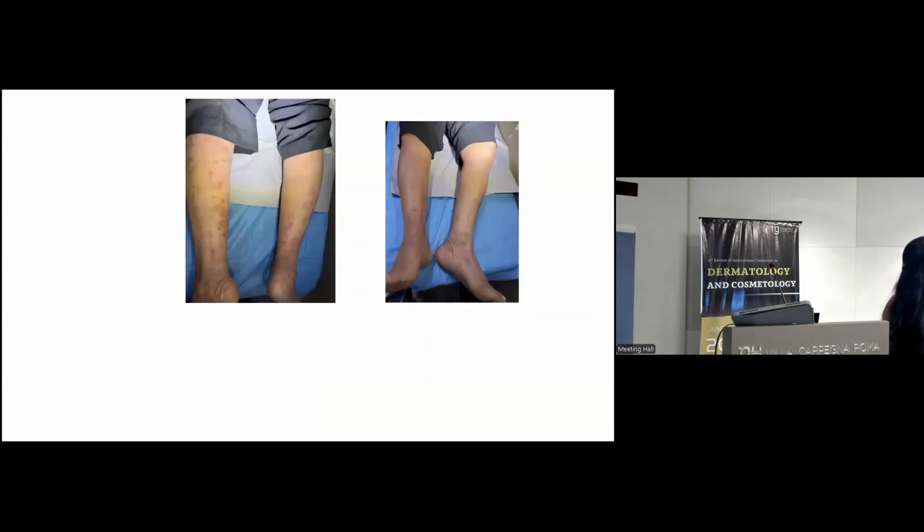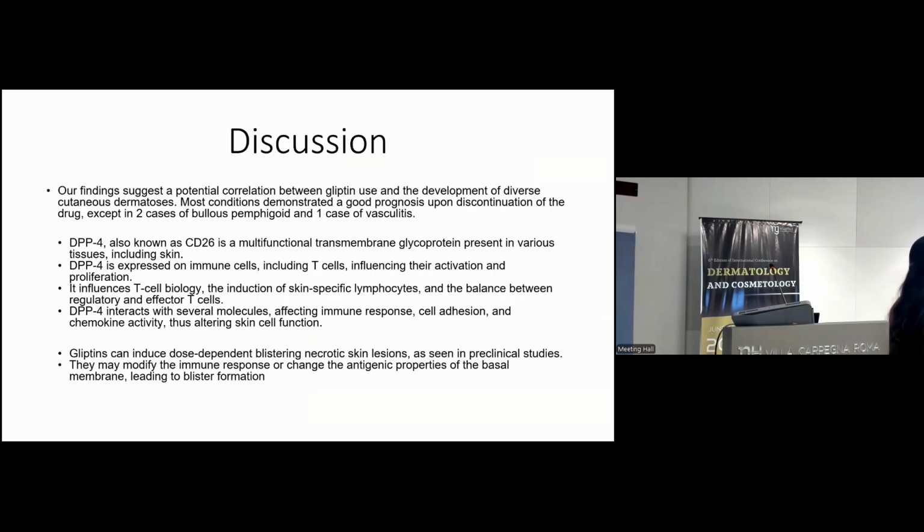And this is a vasculitis patient. Our findings suggest a potential correlation between gliptin use and the development of diverse cutaneous dermatoses. Most conditions demonstrated a good prognosis upon discontinuation of the drug, except in 2 cases of bullous pemphigoid and 1 case of vasculitis.